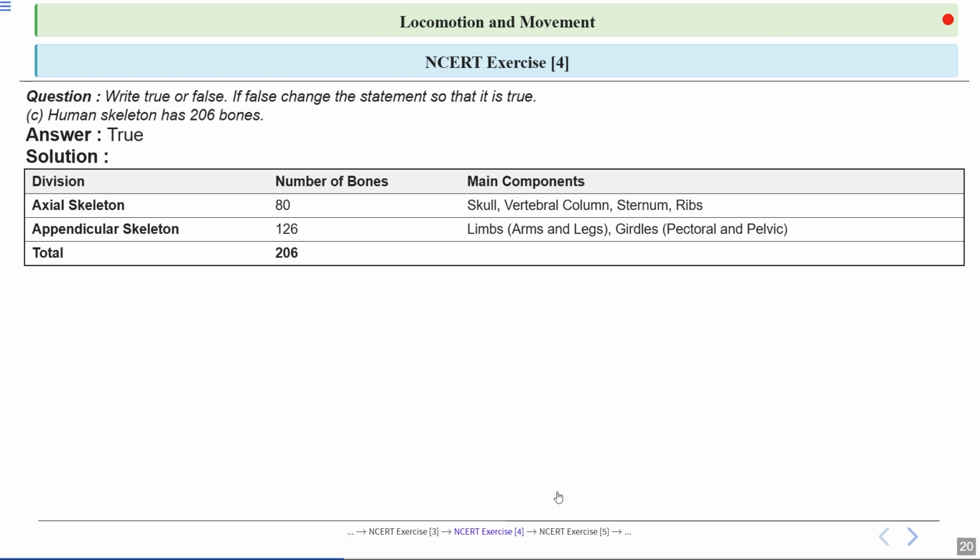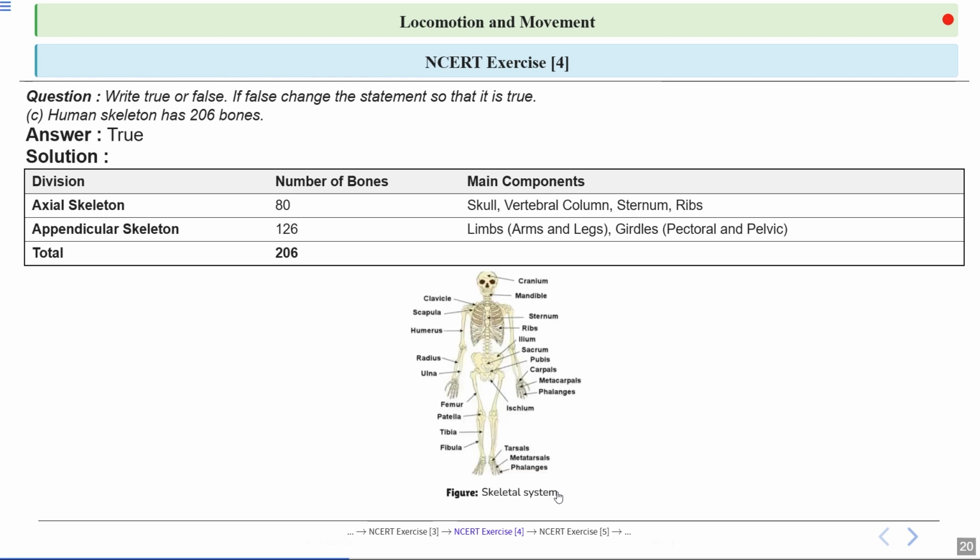The appendicular skeleton includes the limbs and girdles like the arms, legs, shoulders, and hips, and these are what let us move around. So when you add up both divisions, you get a total of 206 bones in a human adult body. So the answer here is true. So you can see axial as well as appendicular parts in the skeletal system.